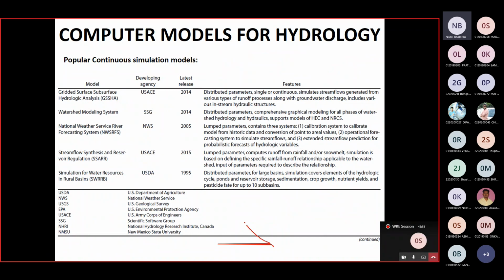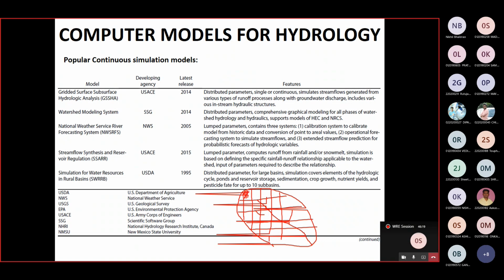If you consider any particular catchment, say this is the catchment, and we have a river passing through it, I will distribute this catchment into grids, just like graph paper, or you can say pixels. With this small grid-like structure, for one single pixel, or one small grid, I will apply all the parameters.